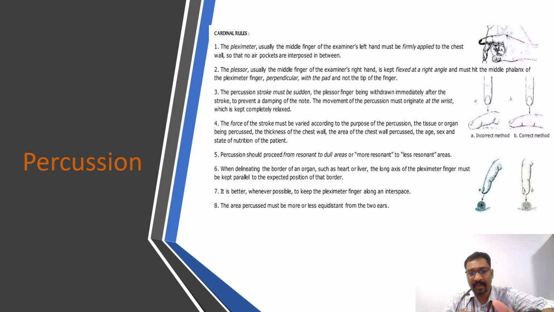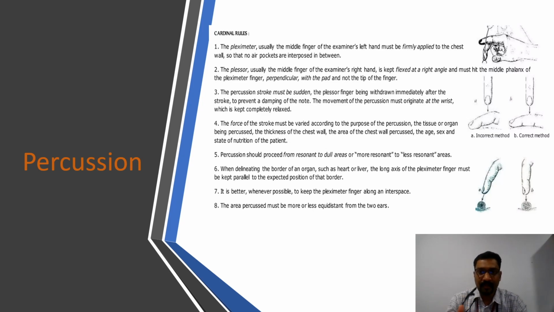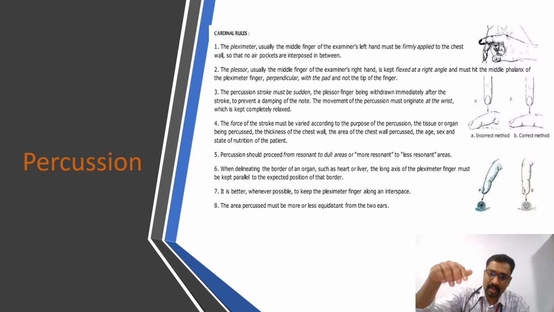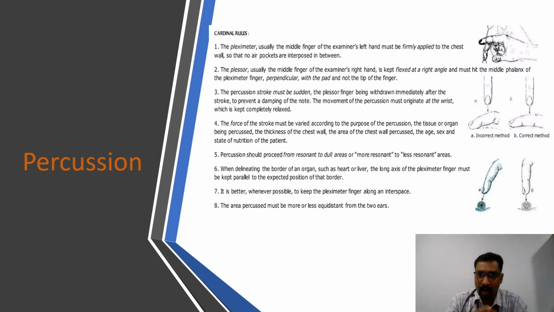The other fingers need to be raised, and only the middle finger needs to be on the chest wall. The plexor finger is the middle finger of the right hand. The action should occur at the wrist level and not at the finger level, and you should strike with the pad of the finger and not the tip.